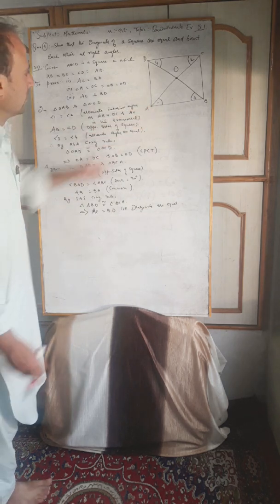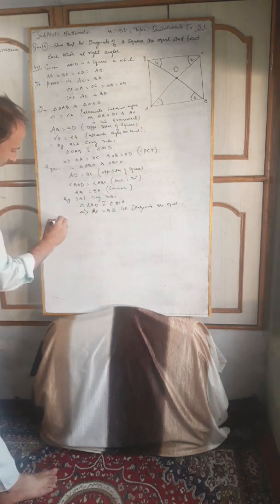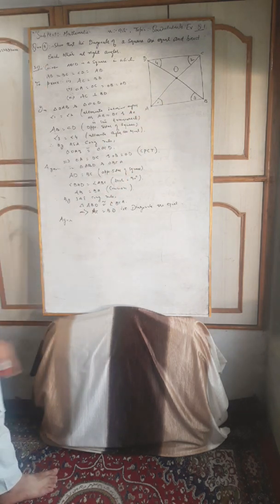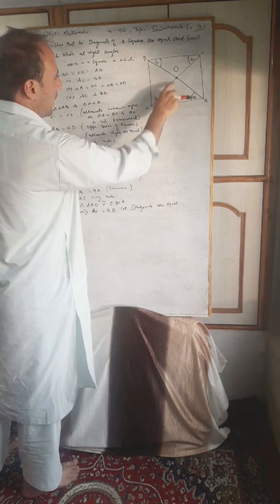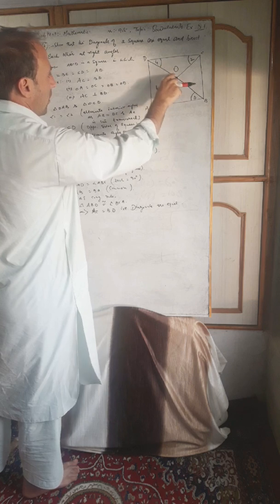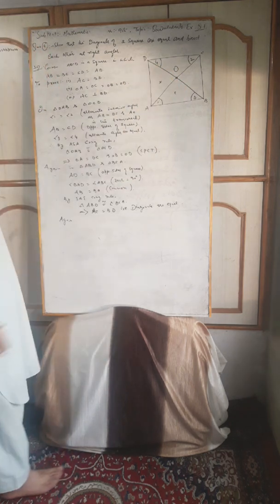The last part, we have to show that AC is perpendicular to BD. For that, we will compare two triangles, triangle OAB and triangle OAD, and show that these two triangles are congruent to each other.